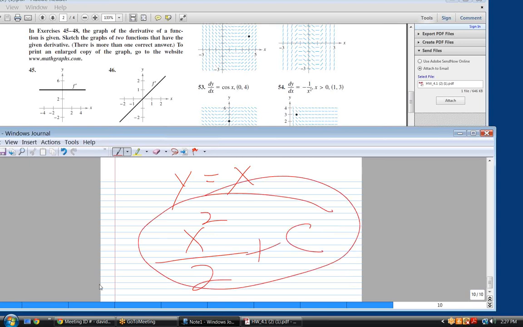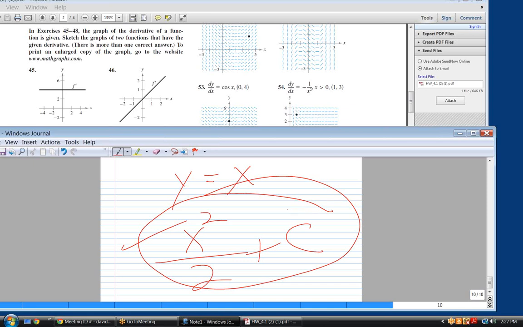Exactly. In other words, all they're really asking us to do here is to define the equation of these graphs and then take the antiderivative of it. In other words, the derivative of this thing that I've circled here would be x, which is this line right here.